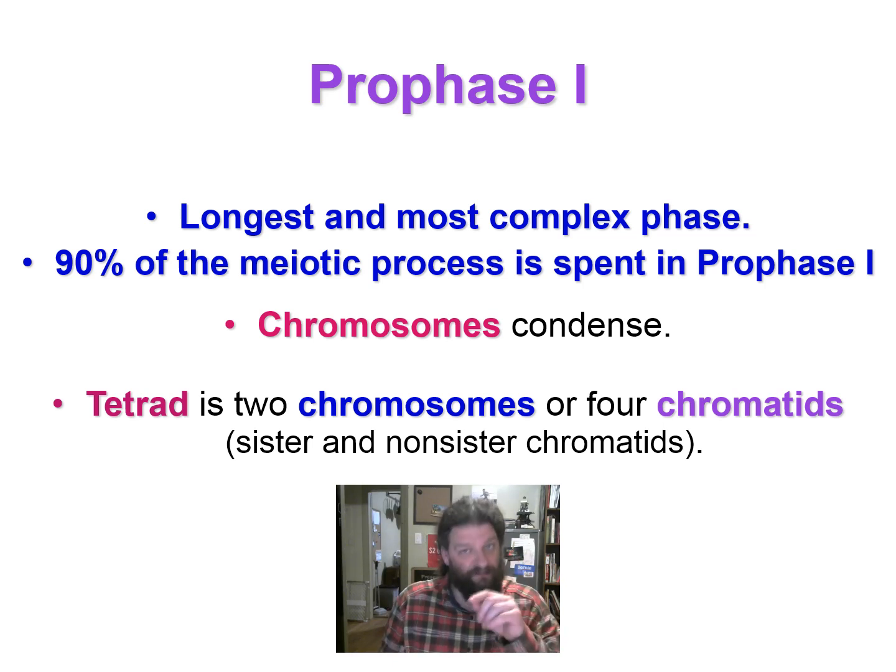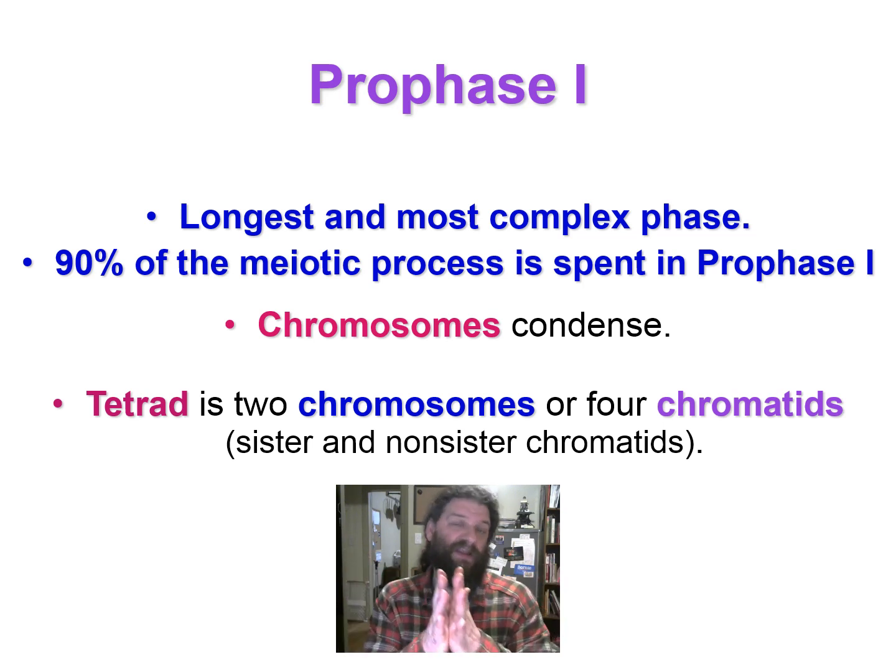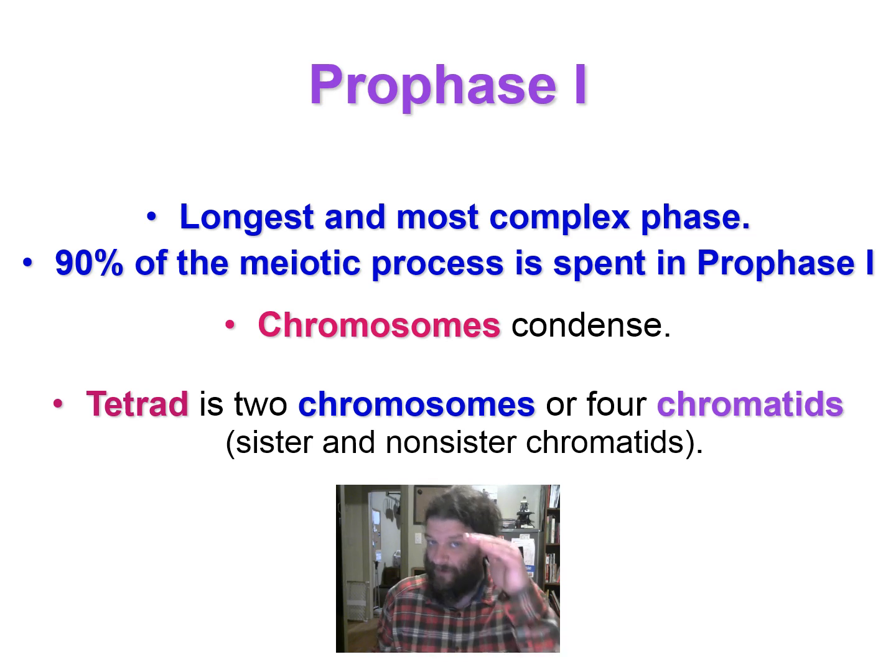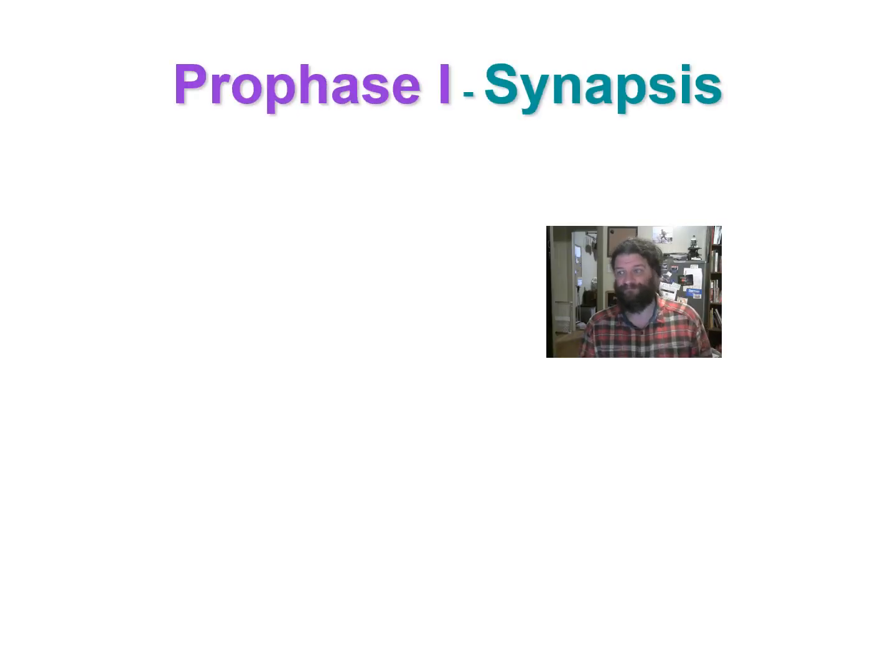Where individual chromosomes would be attaching to the spindle fibers, in our cells 46 individual chromosomes, now we're putting those homologous pairs together into tetrads and connecting those tetrads. So now there's only going to be 23 structures being attached to the spindle fibers.